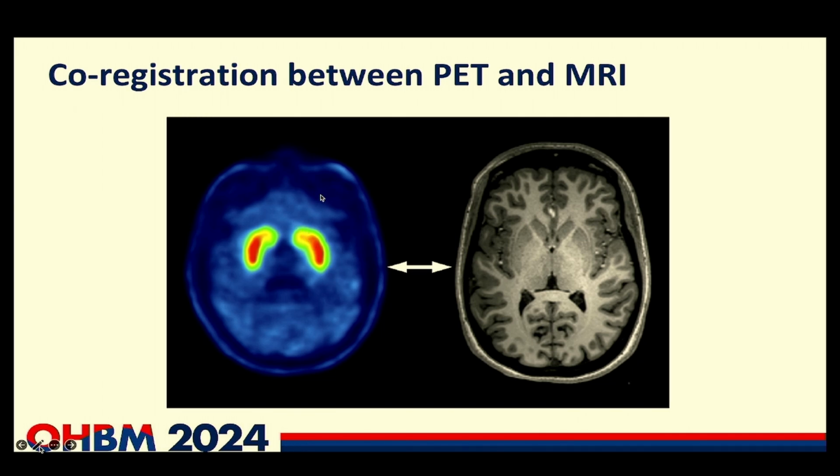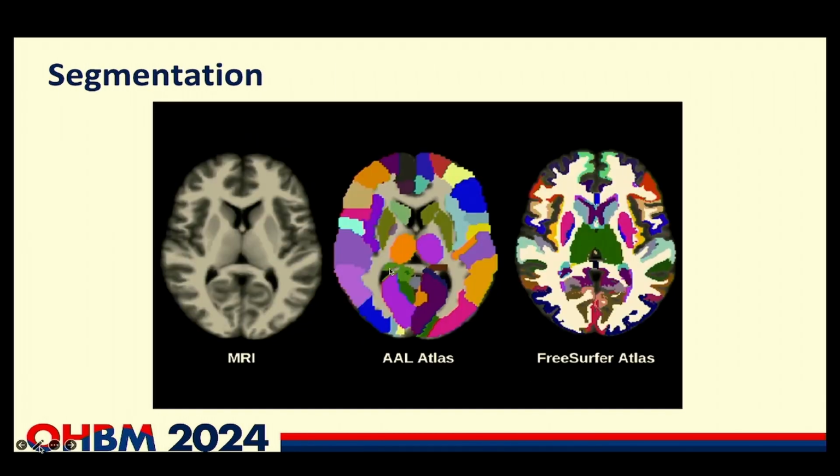You don't see the cortical patterns here. So in order for us to dig down and look into specific regions, we need to register the PET to the MR. Often we would delineate regions on the MR and then apply that to the PET data to get these time activity curves.